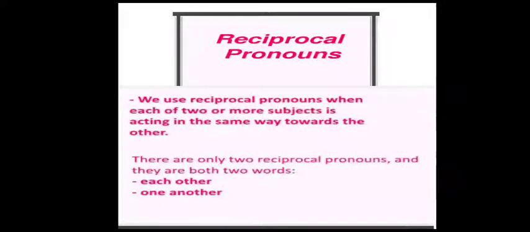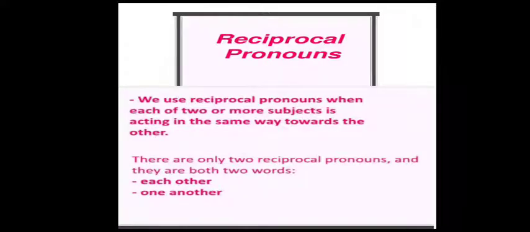Now children, let us talk about the next category of pronoun, that is reciprocal pronouns. We use reciprocal pronouns when each of two or more subjects is acting in the same way towards the others. Means if there are multiple subjects in a sentence and they are acting in the same direction, we use the pronoun that is known as a reciprocal pronoun.